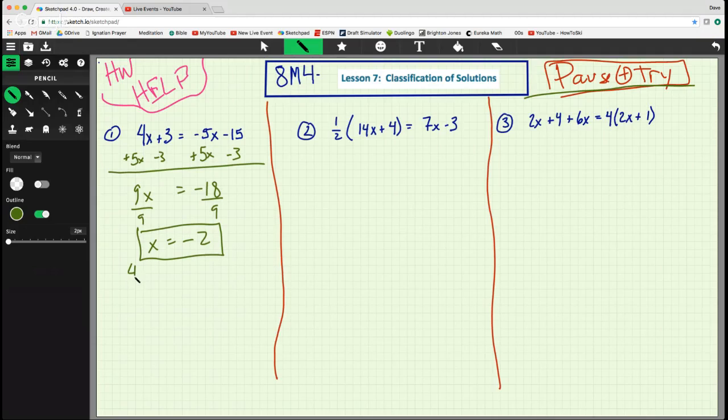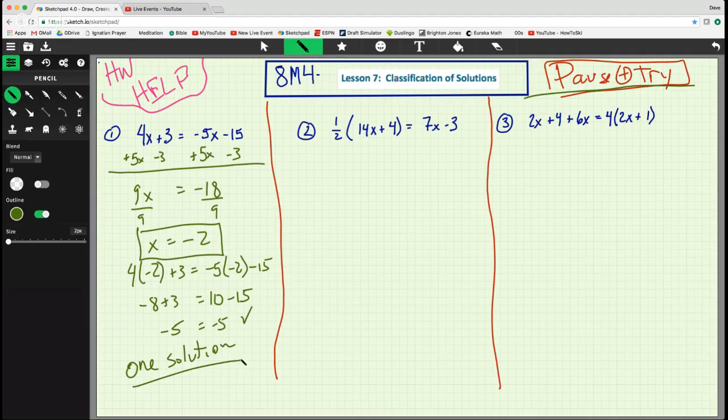Check our answer, check. 4 times -2 plus 3 equals -5 times -2 minus 15. -8 plus 3 equals 10 minus 15. -5 equals -5. Check. 1 solution. And our solution is x equals -2.